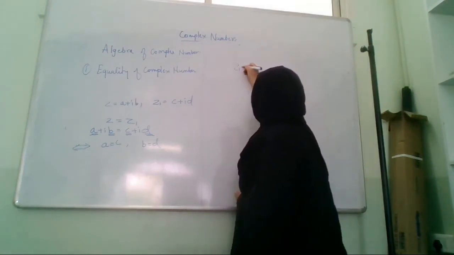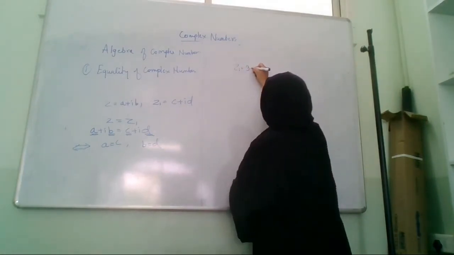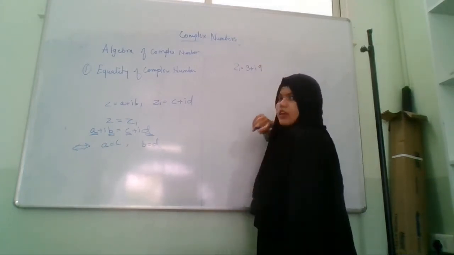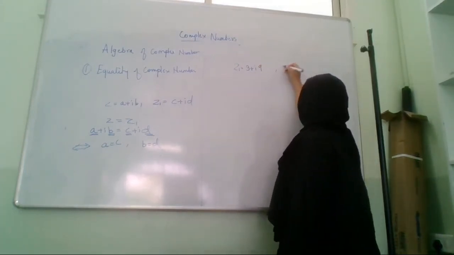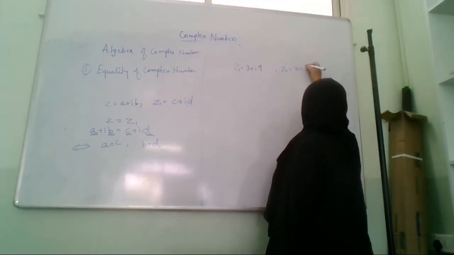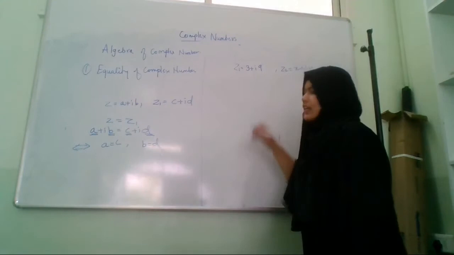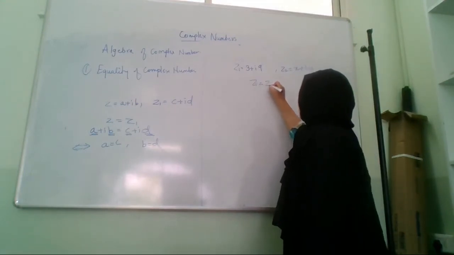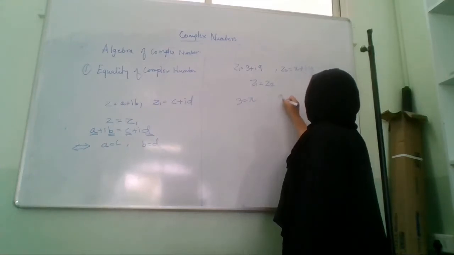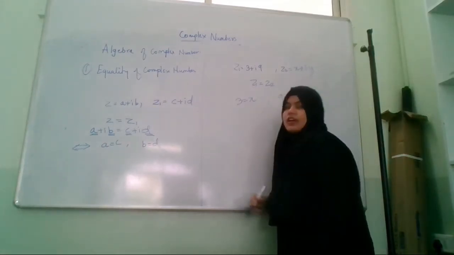Suppose you have z1 as 3 plus 9i, and z2 is equal to x plus i. Then z1 is equal to z2 if and only if 3 is equal to x and 9 is equal to 1.